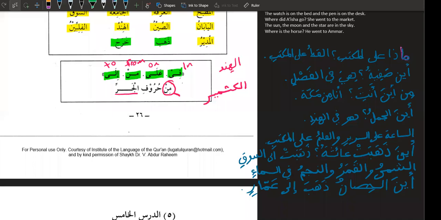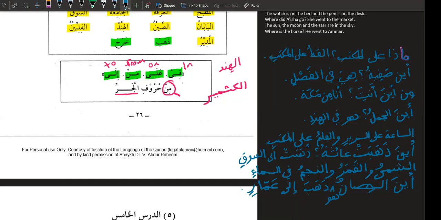Question from the chat: won't there be a huwa before ذهب? Yeah, we could say that. So we say أين الحصان؟ We could say هو ذهب.